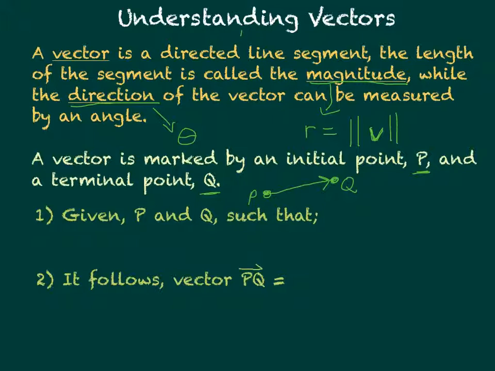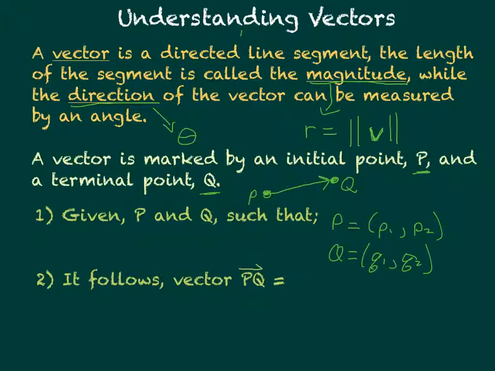Now, given P and Q such that P equals the point (P sub 1, P sub 2), and Q equals the point (Q sub 1, Q sub 2), we can find our vector.